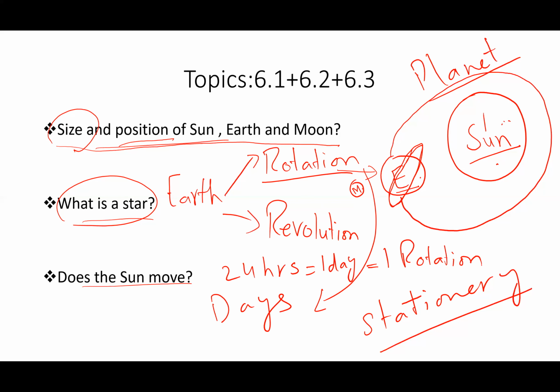Now the next movement of the Earth is called a revolution. And what is revolution? Revolution is the movement of the Earth around the Sun.